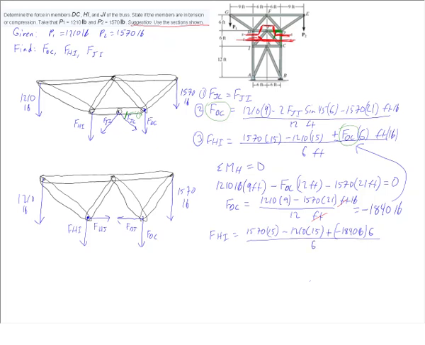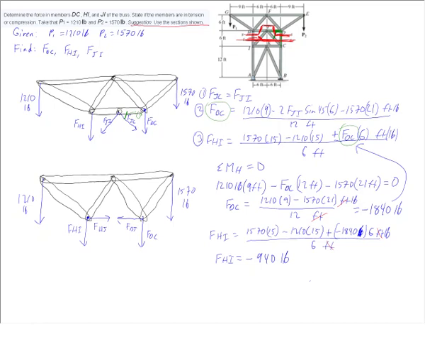And again, our units are foot-pounds on top and feet on the bottom, so we're going to end up with pounds when those 2 feet cancel out. And we can do this calculation to find our FHI. We get negative 940 pounds. For the same reason, it makes sense that that one would be in compression. It also makes sense it would be less compression because P1 is smaller than P2. So we look like we're doing pretty good.